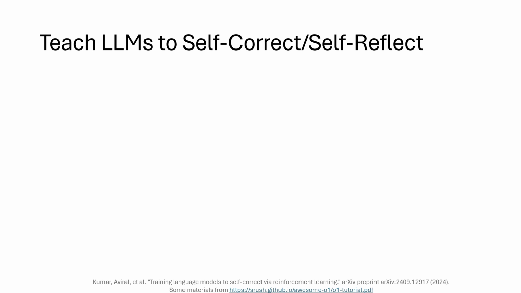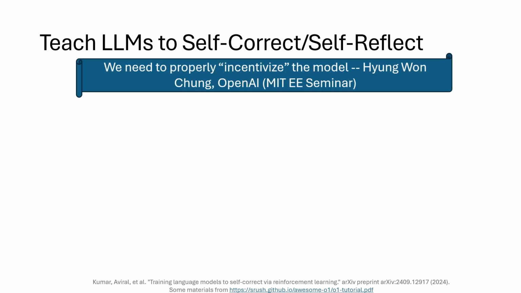So in the next part we will discuss how we can use some training techniques to teach the language model to do reliable or even more powerful self-correction or self-reflection. And before we start, I want to quote this good saying from Qiyuan Chen when he delivered a talk at the MIT seminar. He said we need to properly incentivize the model to teach them to exhibit some high-level capability to solve problems.